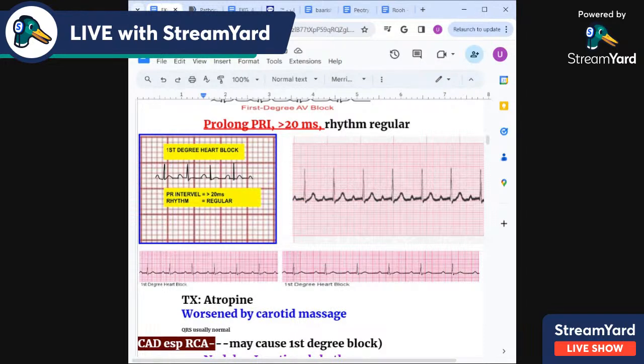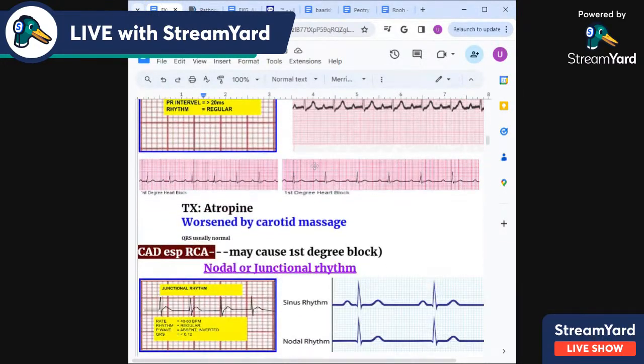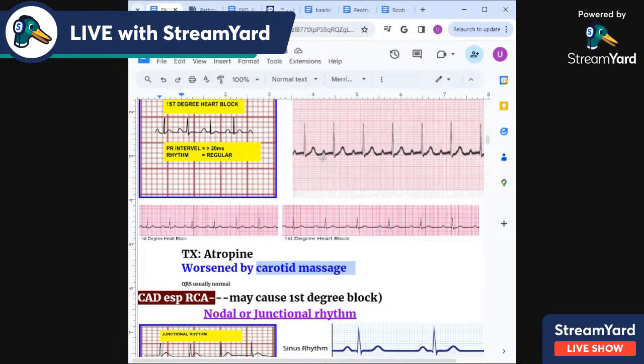So the prolonged PR interval is the first degree heart block, and the treatment for this first degree heart block is atropine, but this is worsened by carotid massage. There is a prolonged PR interval, narrow QRS, rate is normal, rhythm is regular.